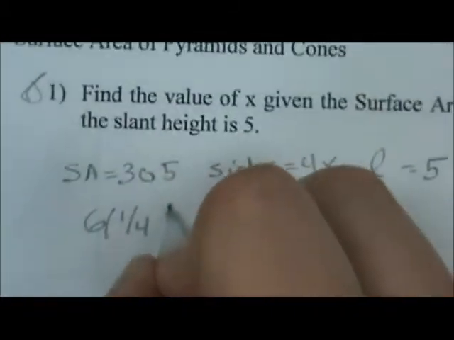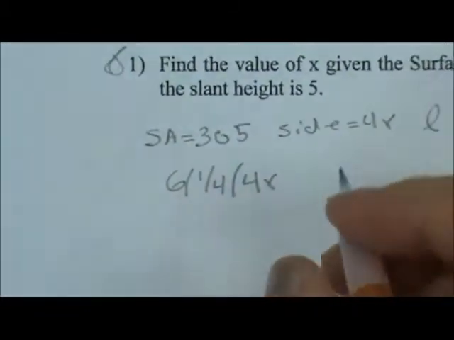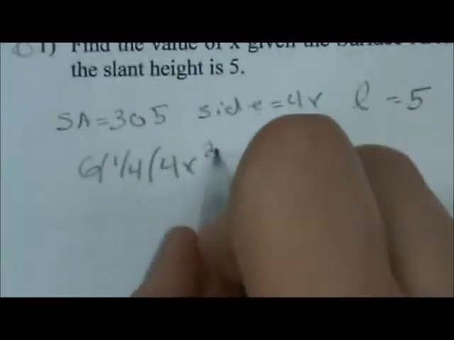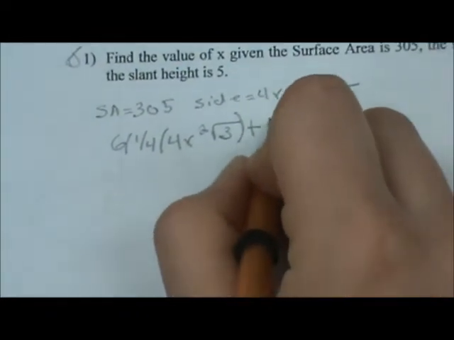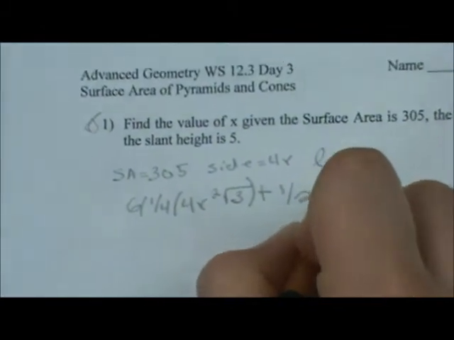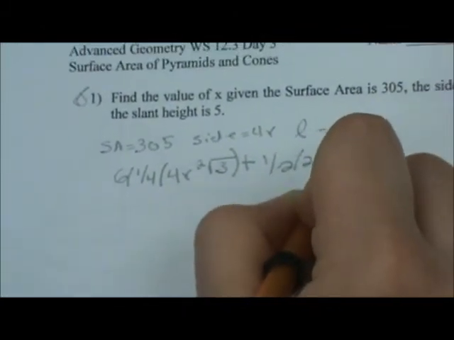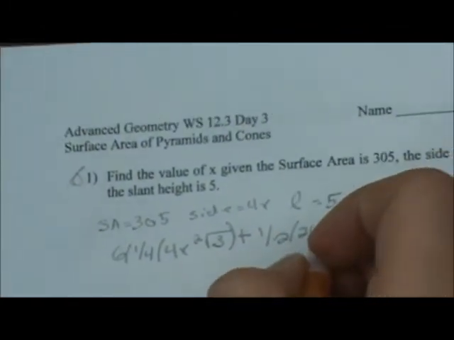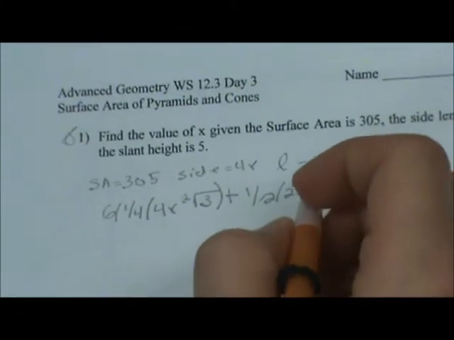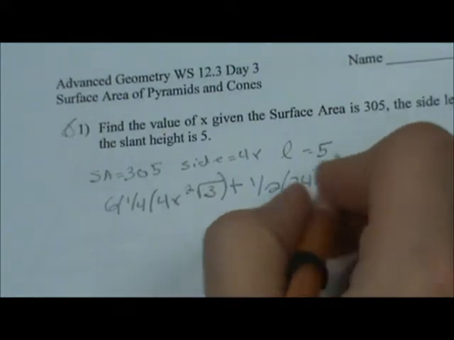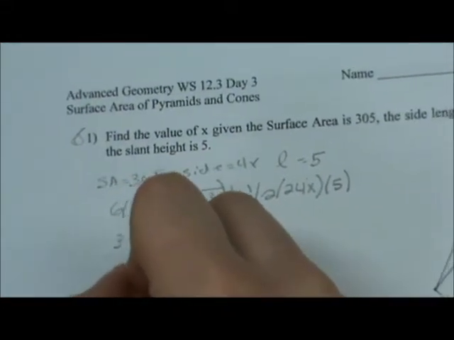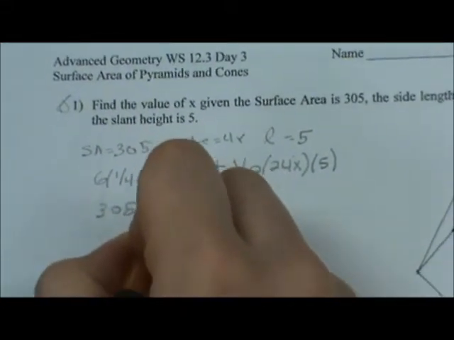So we're just going to make our equation of triangles because it's a hexagon. So we can do 6 times 1/4 times 4x squared times the square root of 3 plus 1/2 times 24x times 5, because 24x is going to be all 6 sides, not just one side, which is 4x, and then times our slant height, which is 5.